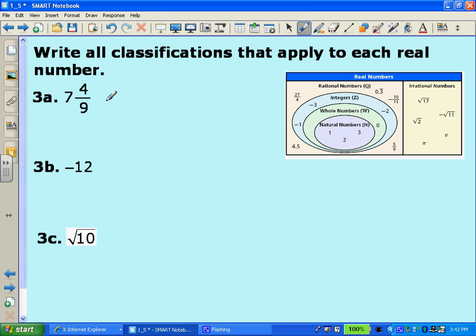So that leaves us with rational numbers. Remember, rational numbers can be written as fractions. So this would be classified as a rational number. Now if I remembered my abbreviations, I could also just write Q. That means rational number.